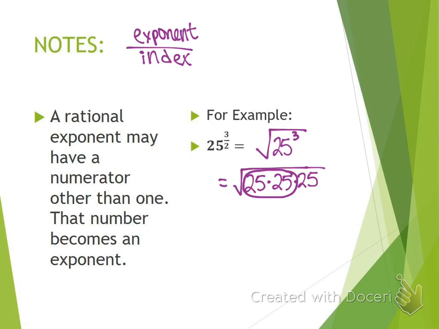This last lonely 25 is going to break into what? 5 and 5. So then we have a pair of 5s. Are we going to have anything left over? No. Everything either was part of a pair or broke into a pair. So what's going to come outside the radical? 25 and a 5. 25 times 5 is 125.